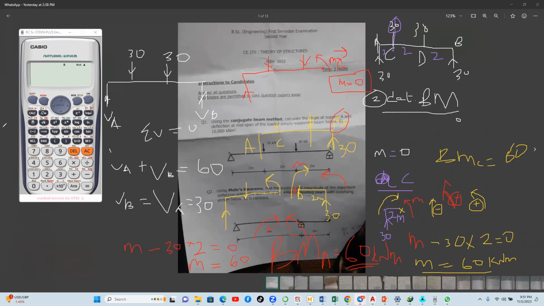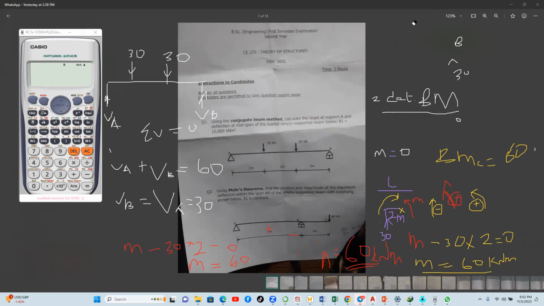Let's quickly draw the bending moment diagram for it. On the bending moment diagram, we are just going to plot the bending moment we've calculated at the various points, and that's going to give us the bending moment diagram. You plot the span or the beam length against the bending moment you calculated.